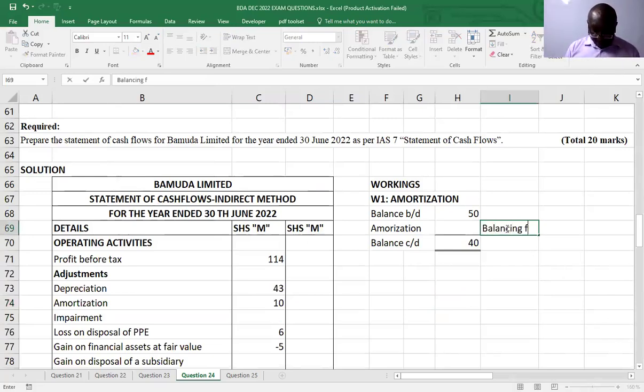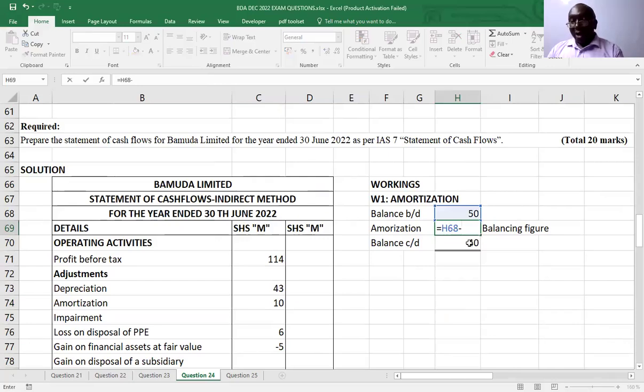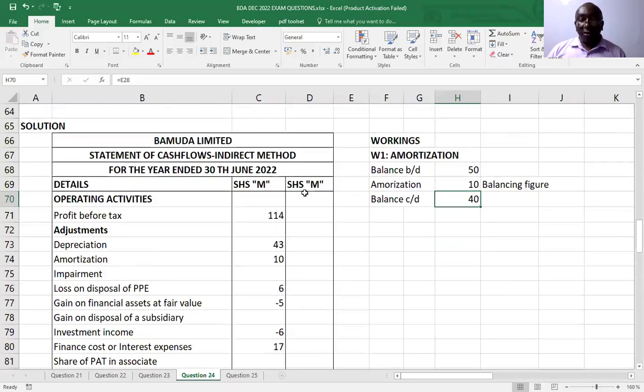The balancing figure must be equal to this minus this. And if you have used this approach, you then say this one equals this. So either way, whichever you prefer.